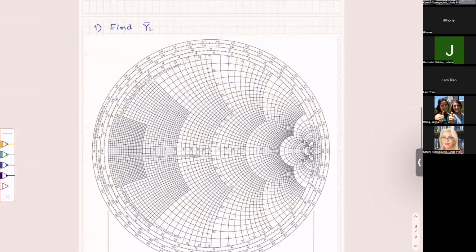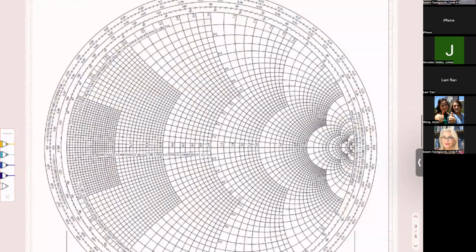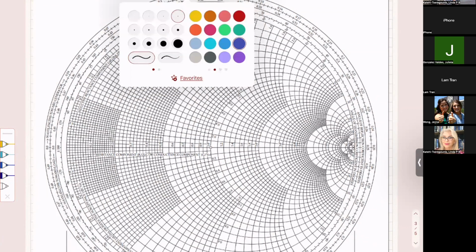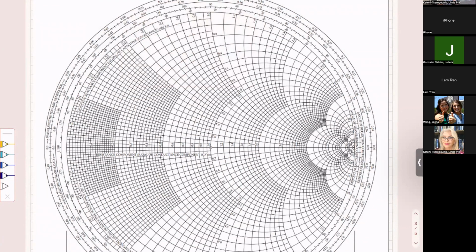So 2 real part plus j3 imaginary. So the real ones are always circles that have their center on the real axis and are tangential to the Smith chart on the right.